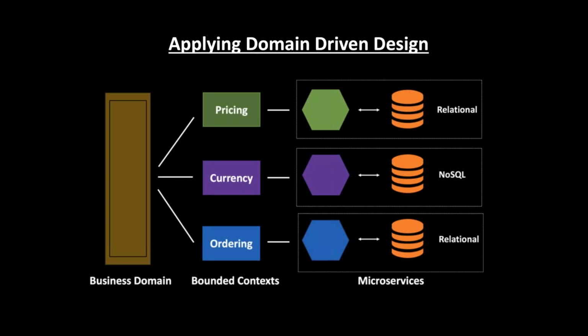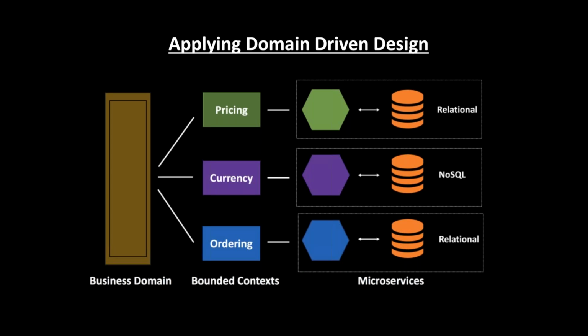This is fundamentally a different approach than the traditional mindset of first designing the database tables when starting to work on new requirements or a greenfield project. Here you identify your domains, your bounded contexts, and then try to identify your smaller components. Once you identify the bounded contexts, you have pricing as one, currency as the other, and ordering as the third bounded context here.